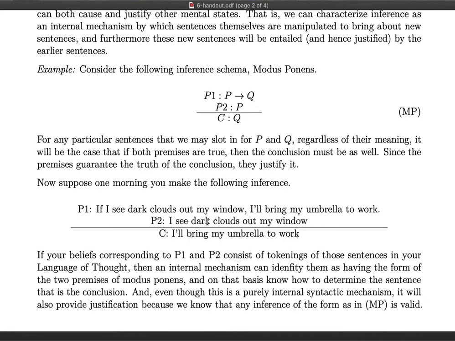And then furthermore, because this inference follows a pattern which is valid, which semantically, no matter what these meanings are, if these premises are true, then the conclusion will be true, we also see how this inference is justified. We also see why your action of making this inference is a justified action. Because it's one in which if the premises of the inference are true, then the conclusion must be.